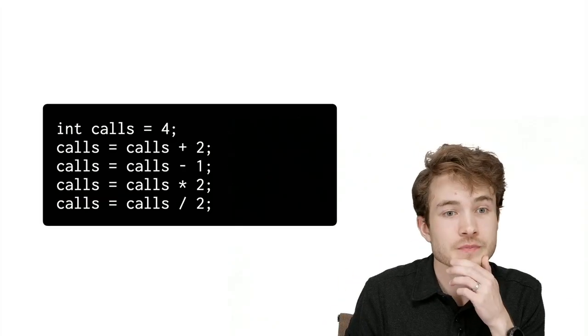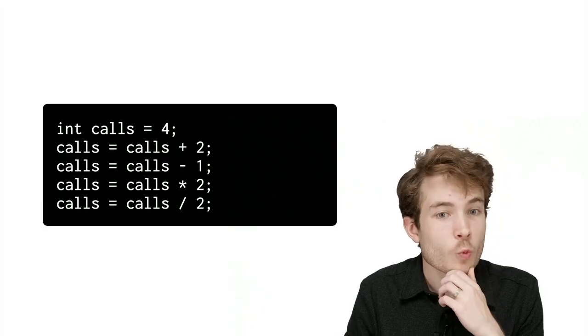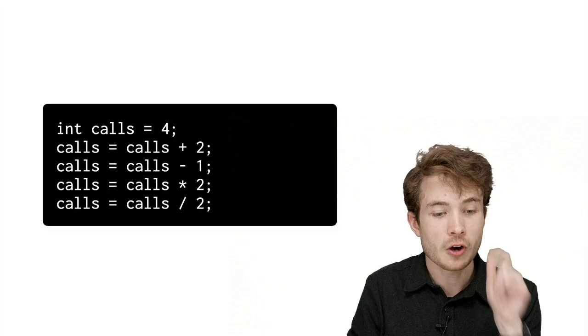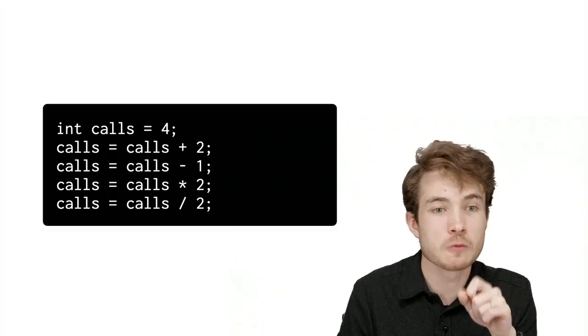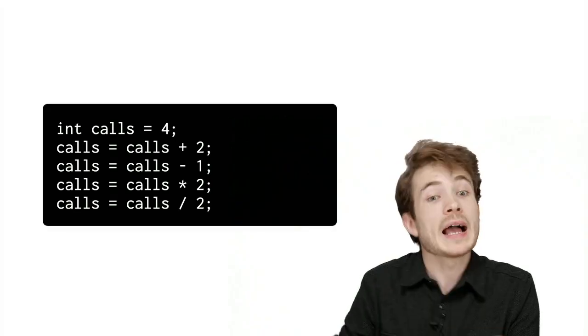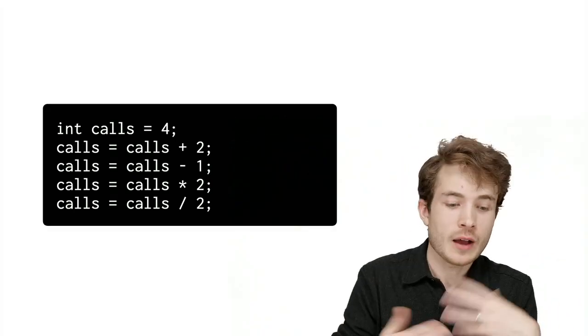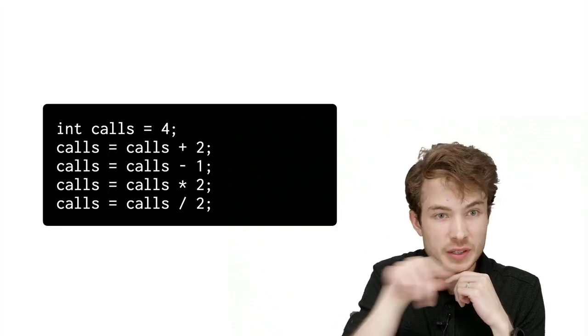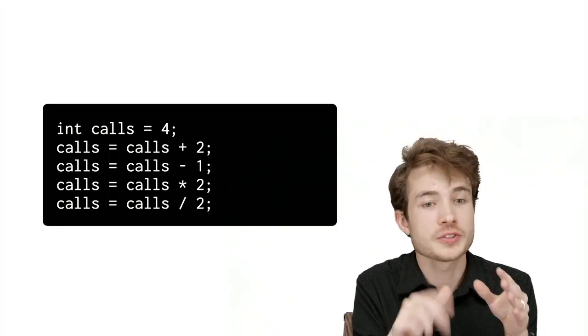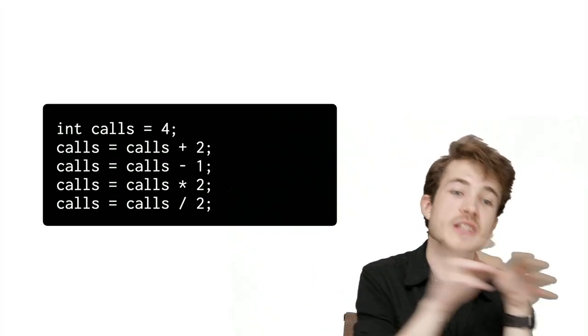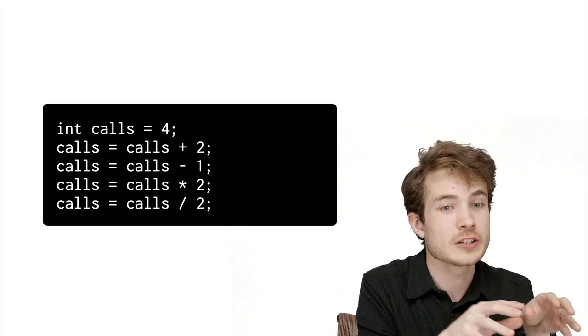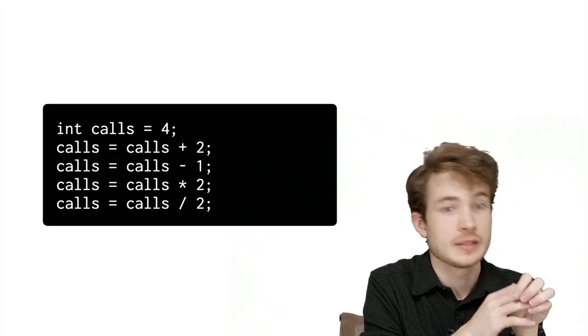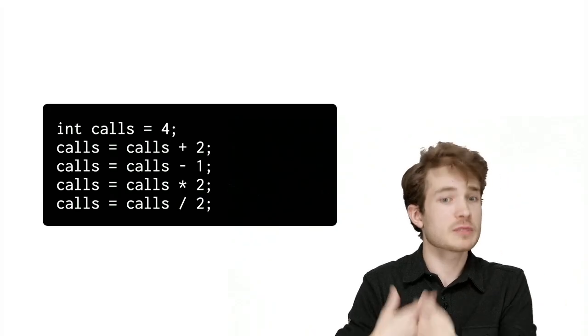So for instance, here are a few of them. We have this variable now called calls, and we're setting it to that value 4. But let's say later on I want to add 2 to that value. I could use this operator here, that plus sign, to say, take calls, add 2 to it, and reassign it to that container that we called calls. And then later in my program, maybe I could subtract from calls.